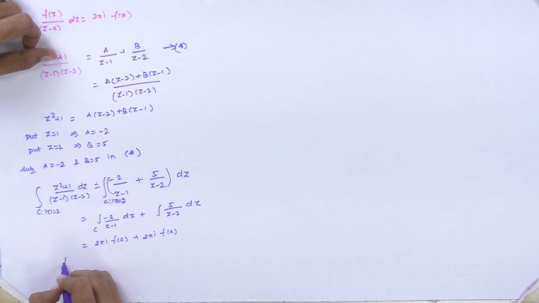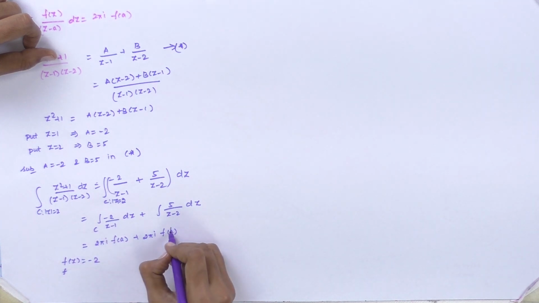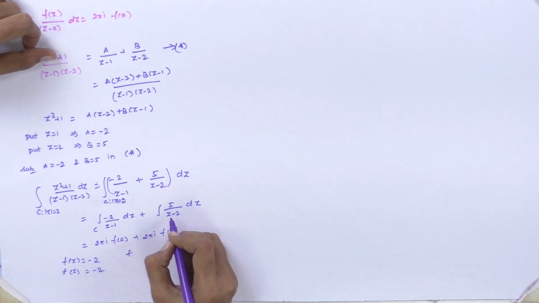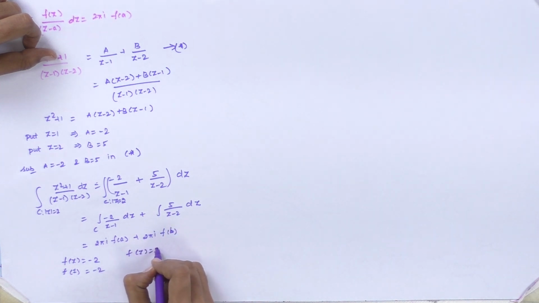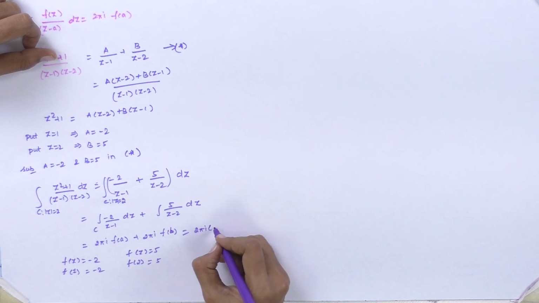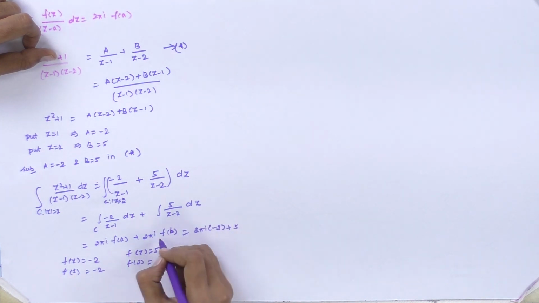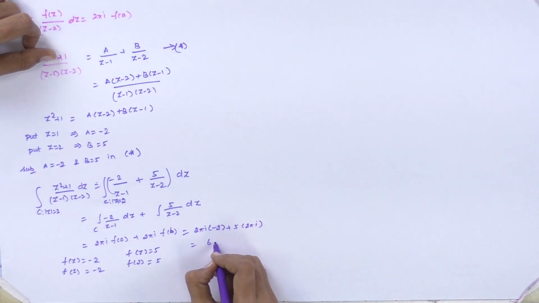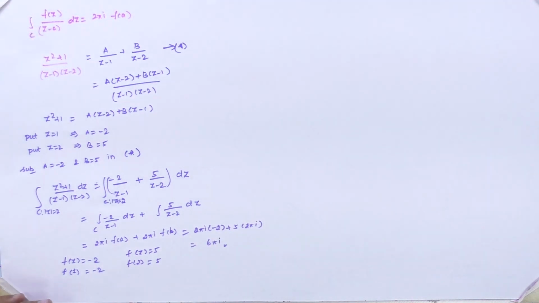Comparing, f of z equal to minus 2, and a is equal to 1 here, so we get minus 2. For the second term, f of z is 5, so f of a is also 5. Therefore 2 pi i into, for the first f of a minus 2 plus the second f of a is 5, so 5 into 2 pi i. Subtracting, 6 pi i is the answer. That's all. Thank you.